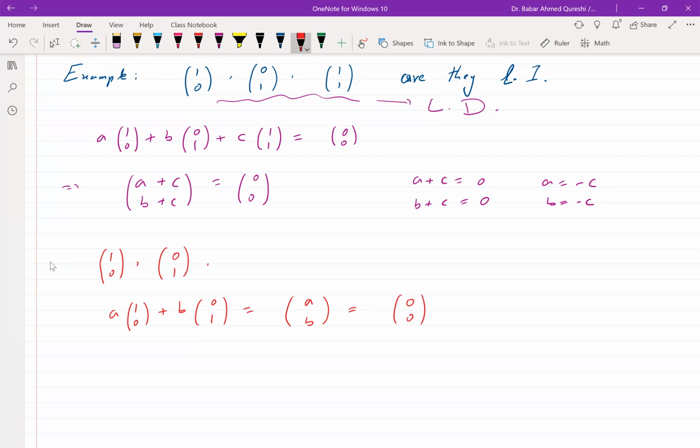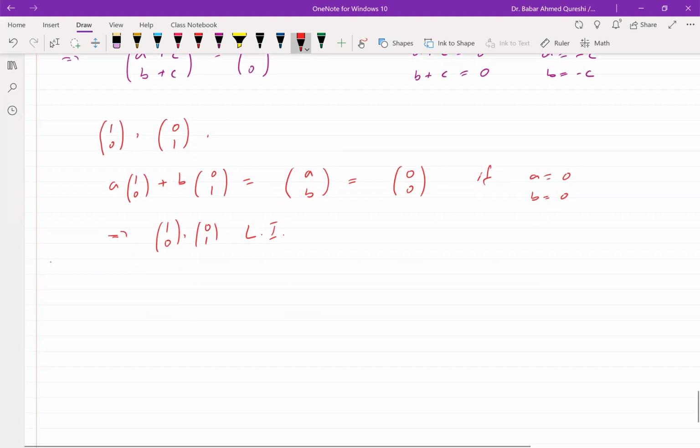That's only possible if a is 0 and b is 0. So the two coefficients coming in the linear combination have to be 0 for this to be 0. This implies that these are linearly independent. Similarly, you can check these.